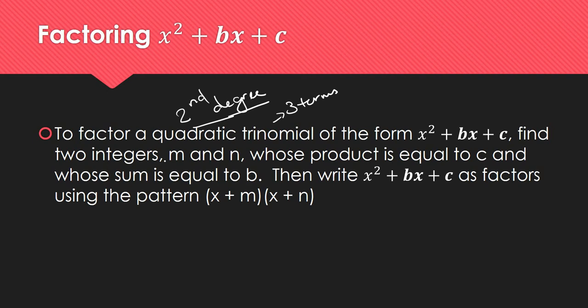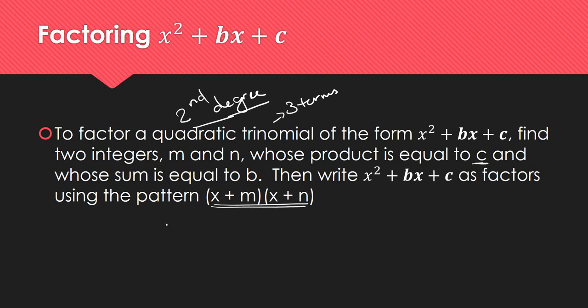Find two integers, we're calling them m and n, whose product is equal to c, the last term or the constant, and whose sum is equal to b, the coefficient of the middle term. Then we're going to write x squared plus bx plus c as factors using this pattern.